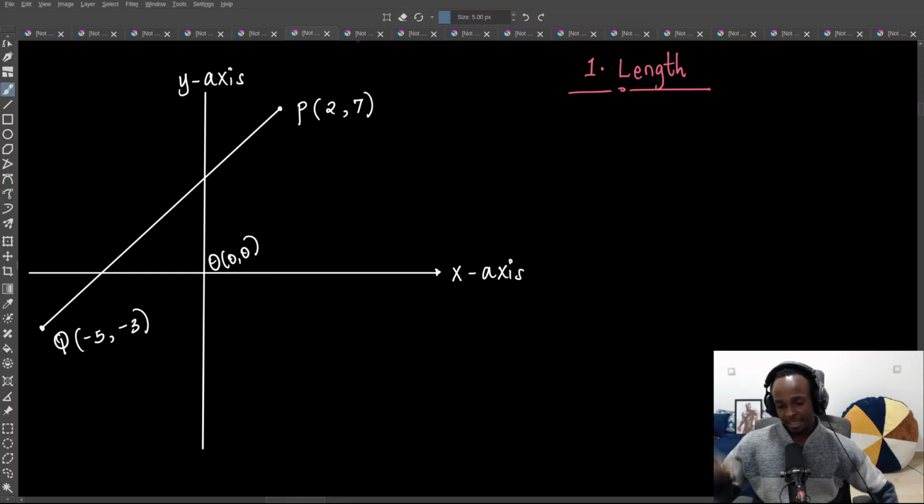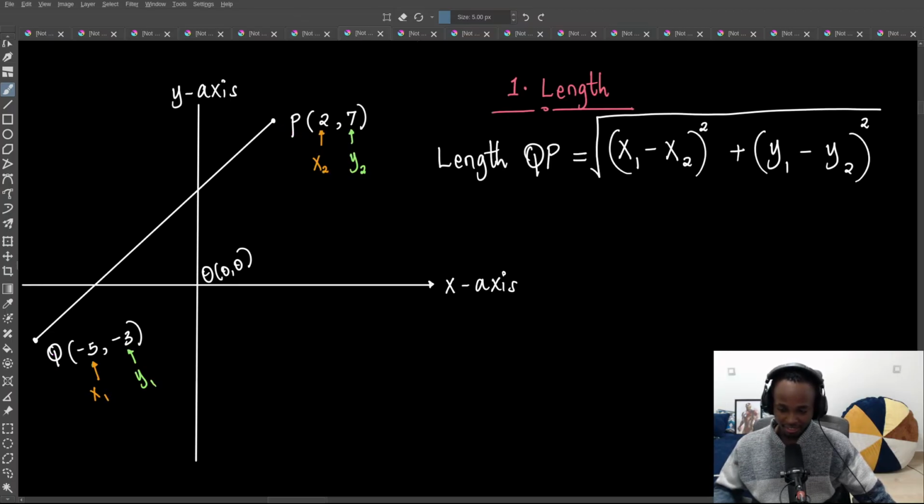So this line is our focus, and we need to determine a few things about a given line. The first one being the length. How long is it from Q to P? What is the distance from point Q to point P, right? And how do you calculate the length of a line?